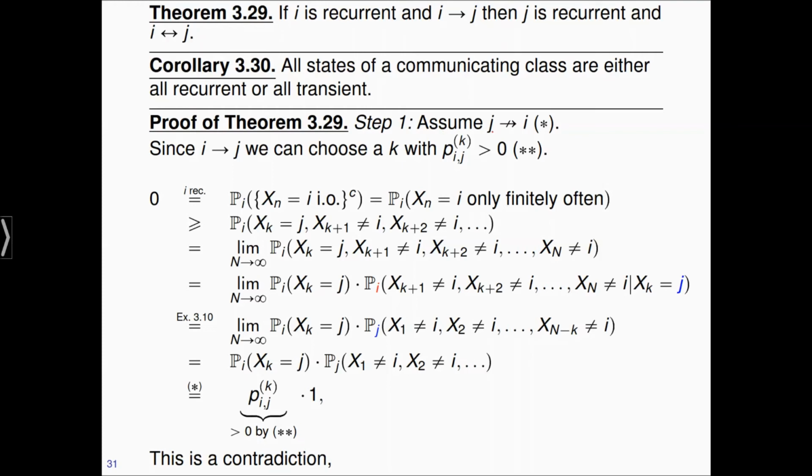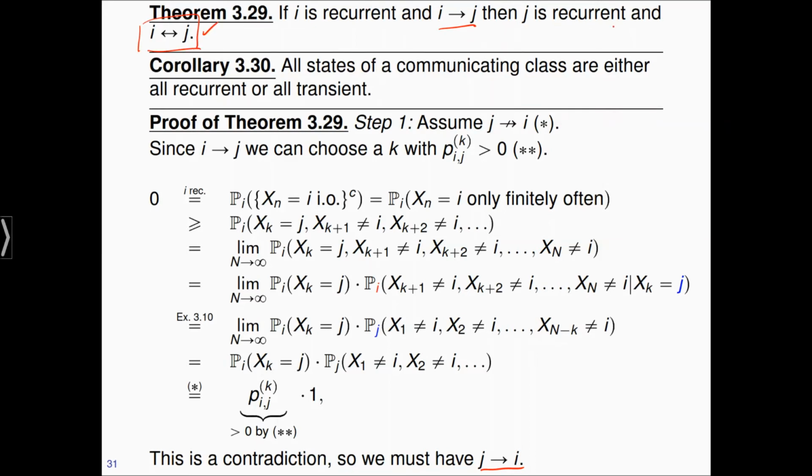So our assumption that you cannot reach i from j has to be false. So we must have that you can reach i from j. And since you can reach i from j and j from i, we know that i and j communicate. So this part is already proved.